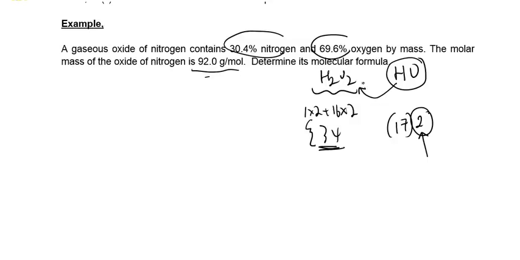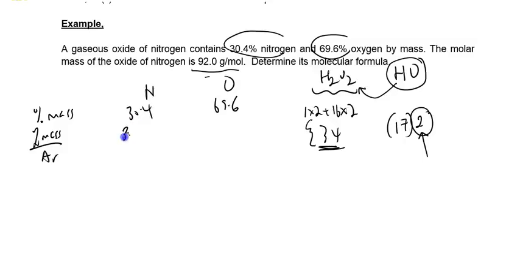So let's calculate for this example over here. For N and O, this is 30.4% and this is 69.6%. So this is the percent mass. So next step is the percent mass over AR, and I have 30.4 divided by 14 and 69.6 divided by 16, giving me 2.17 and 4.35.